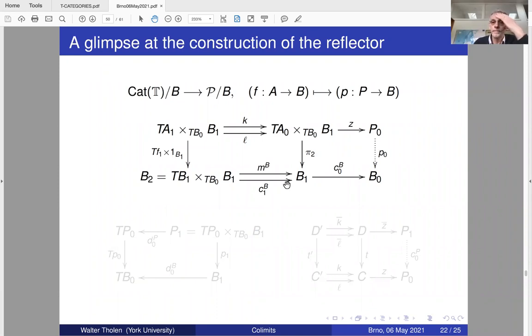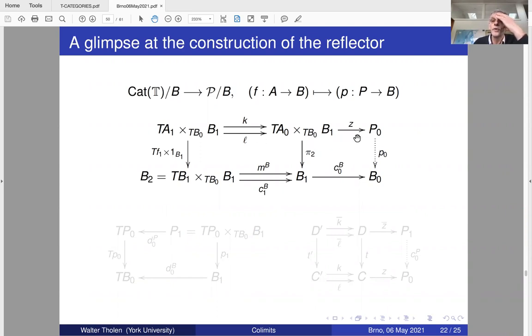here, where you could think of B1 as TB0 cross over TB0 times B1, that cancels out. You have pi 2 here. So somehow you have to make an effort to see that there is a reflexive pair, just like here, even at that level.